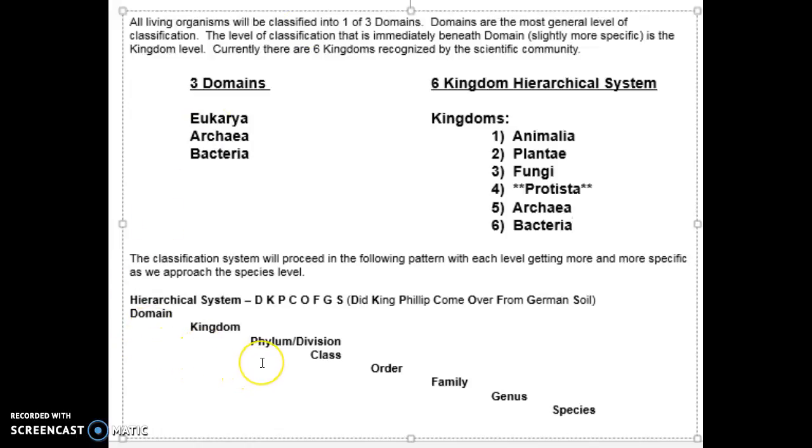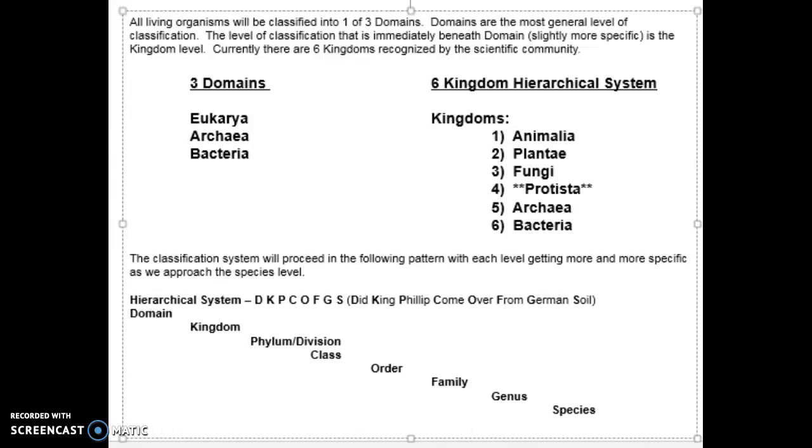Domain, kingdom, phylum. If we're talking plants, we slip in that word division. Then we go to class, order, family, genus, species. Like I said, each lecture over a different group of organisms, that's where we'll get into those details.